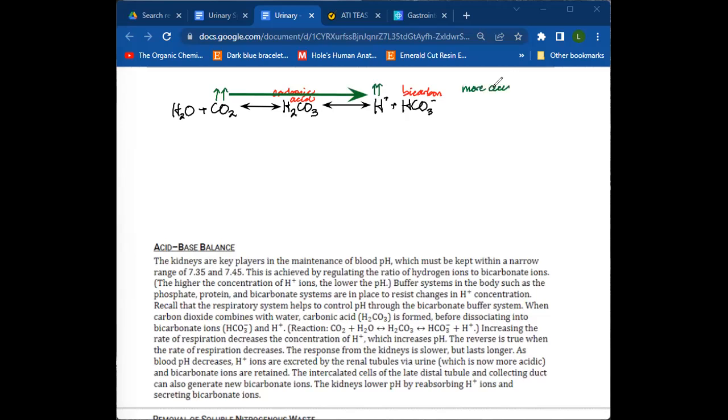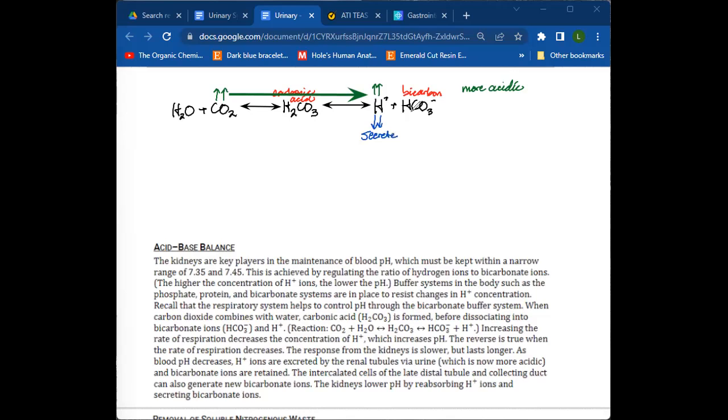So we need to know, okay, how can the kidneys fix this? What can the kidneys do to fix the increase in the hydrogen ion concentration and the blood becoming more acidic, too acidic? So what the kidneys can do is, first of all, they can secrete and get rid of hydrogen ions.